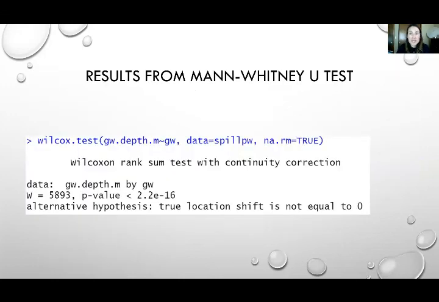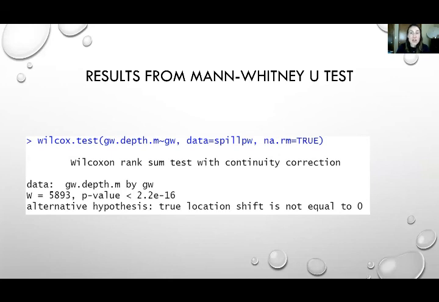When you do this in R, here are the results. You remember I said that the Mann-Whitney U test is also called a Wilcoxon rank sum test. In R, they call it the Wilcox test, and it does the same thing. It's not giving you the critical value or your U test statistic, but it is giving you a p-value.